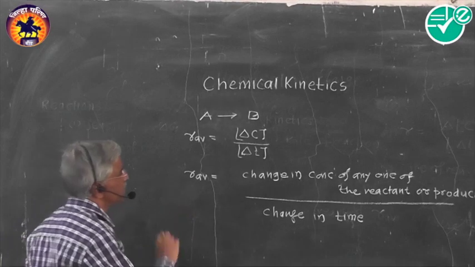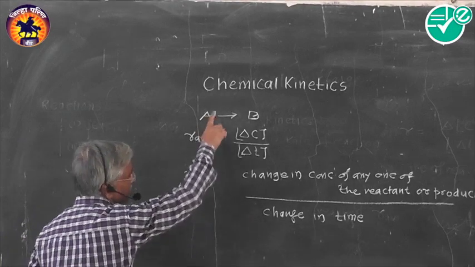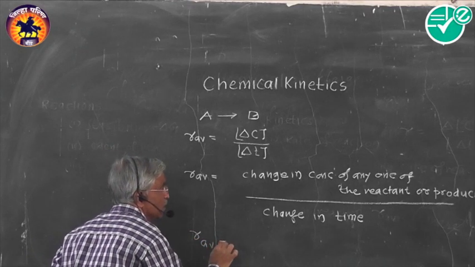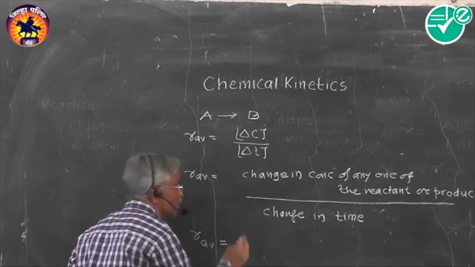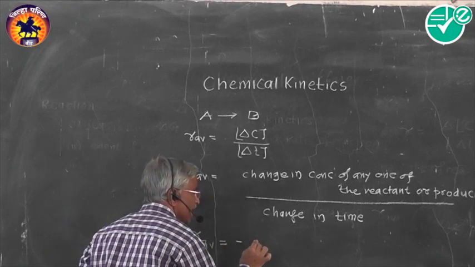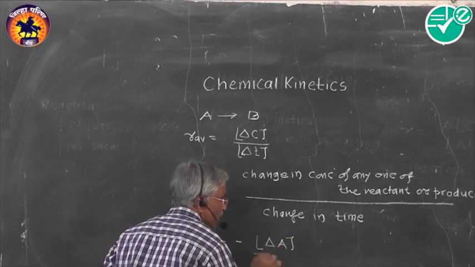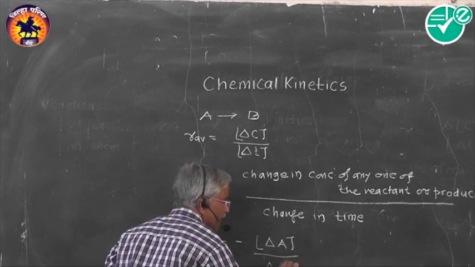Now if we go in terms of the reactant A, then rate average is equal to the decrease in concentration of the reactant A. This is the concentration A decreases with respect to change in time.